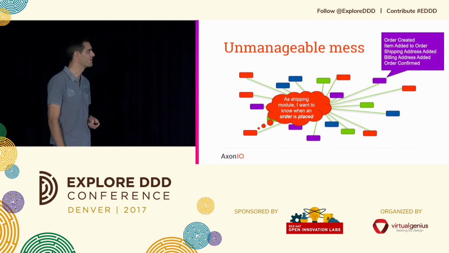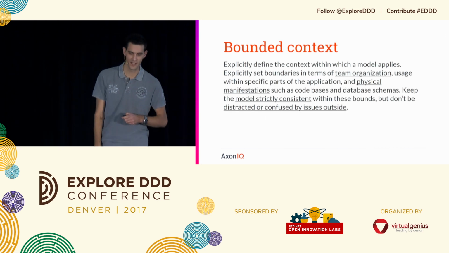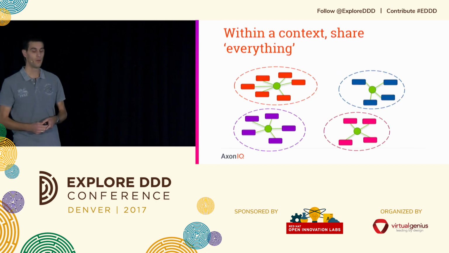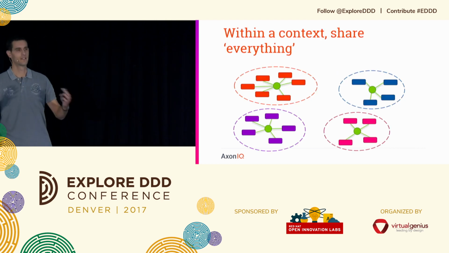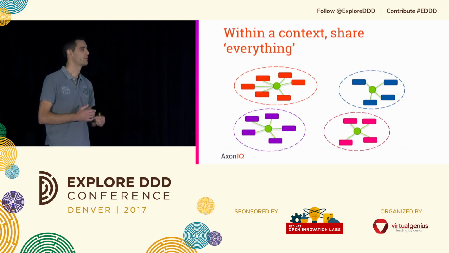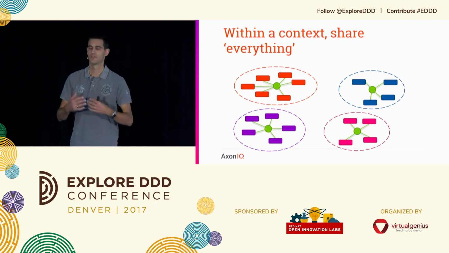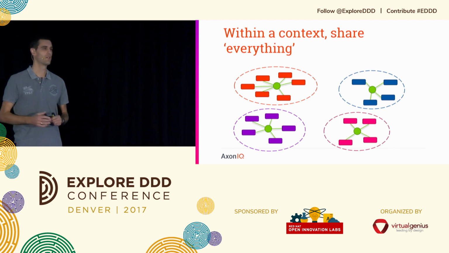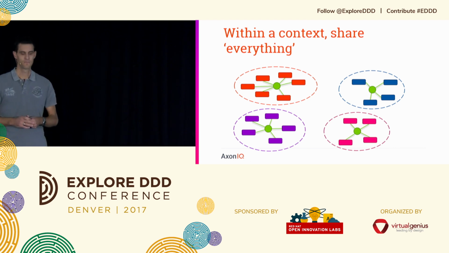So how do we make sense of this? And there's too much text on this slide, so I recommend you don't read it. But the concept of a bounded context will help here. And there's a lot of debate around the relationship between DDD and microservices in the context of the bounded context. How does that relate?